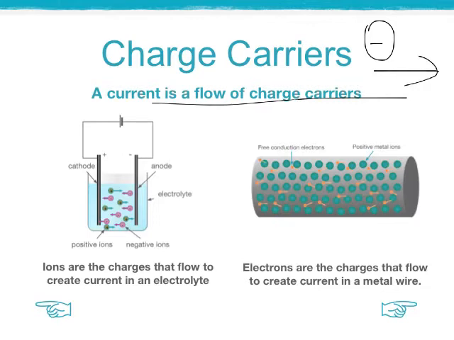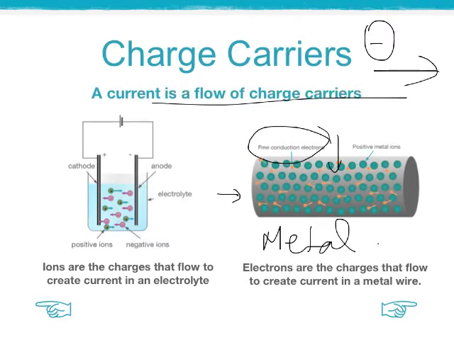Generally, that's electrons. When you have metal, which is an example of a conductor, what you have is free conducting electrons. This is due to the way that the atoms are bonded together. It's a chemistry thing. When you look at bonding, you have covalent, you have ionic, and you have metallic.